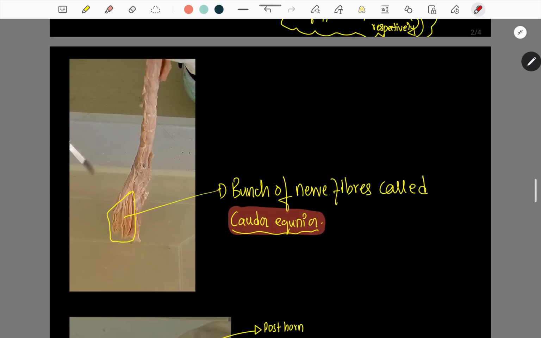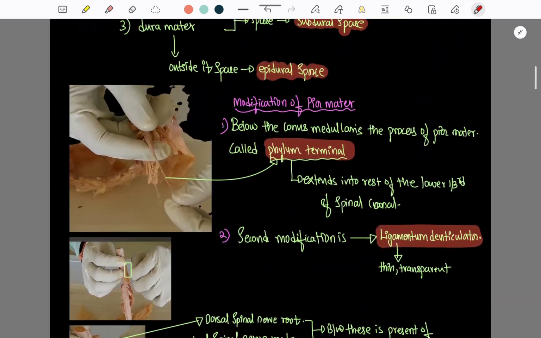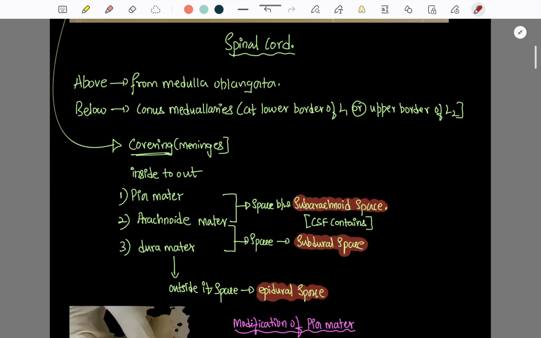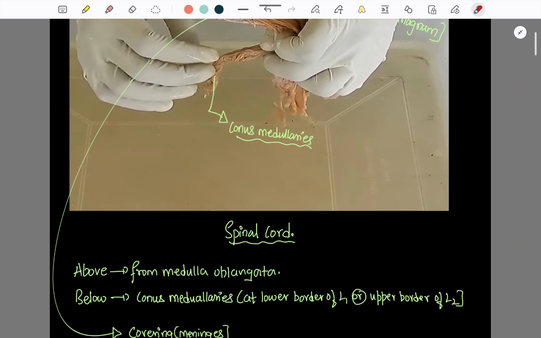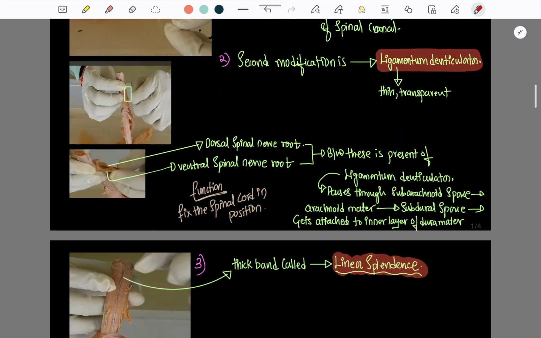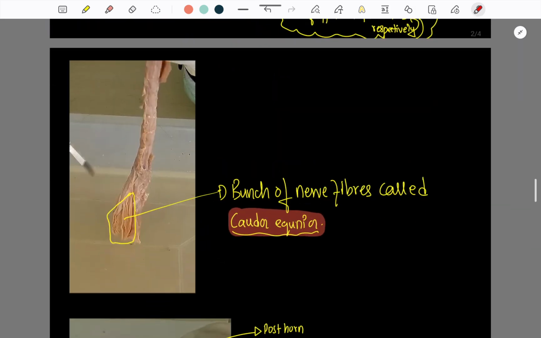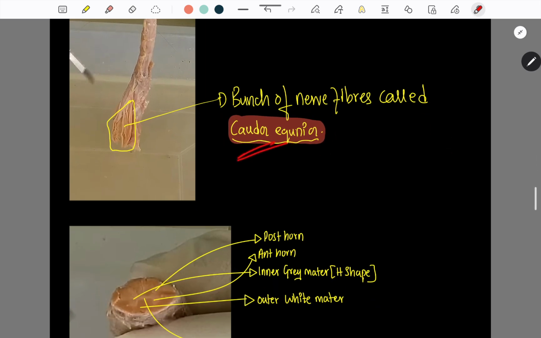So you saw here, what is this? The conus medullaris, right? Here you saw the conus medullaris, and you saw the filum terminale. Beside these there are bundles of nerve fibers called the cauda equina. Important.